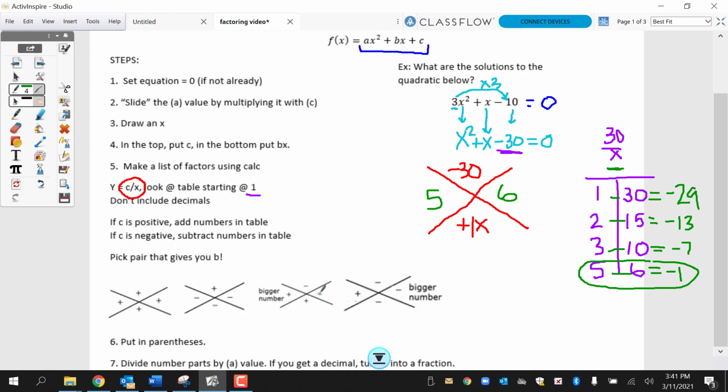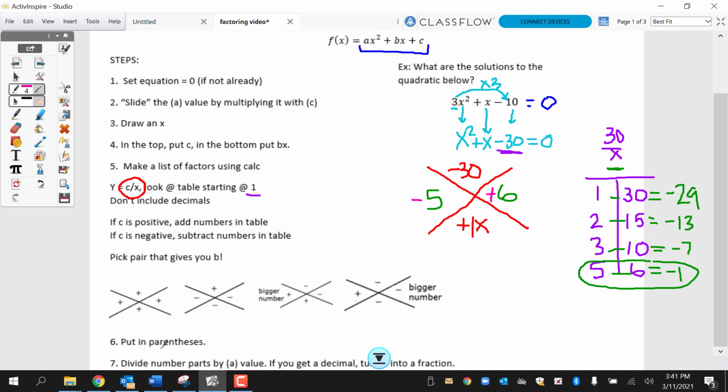So that tells me that one of the numbers is going to be positive and one of them is going to be negative. How do I know which one? Well, it says right here, the bigger number is supposed to be the positive number. So that means my bigger number is 6. So it's a positive 6 and a negative 5.